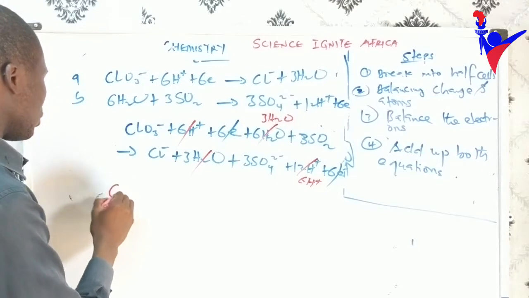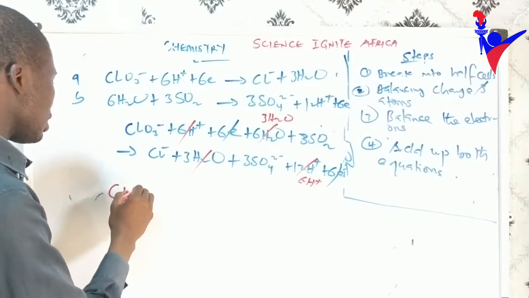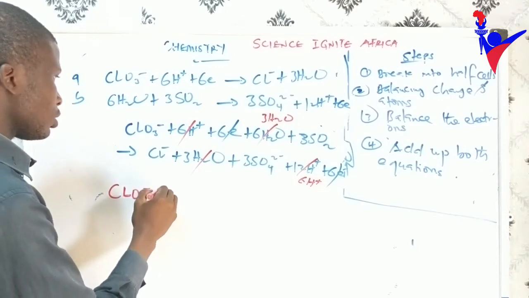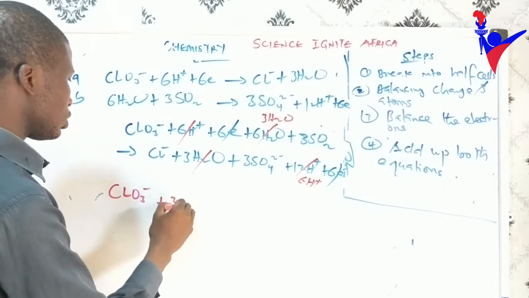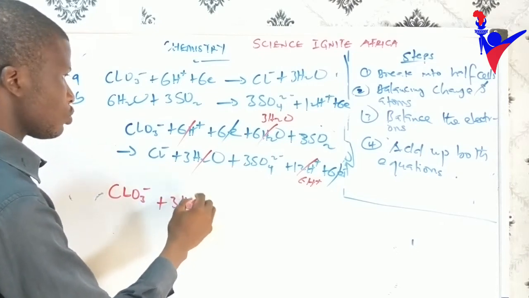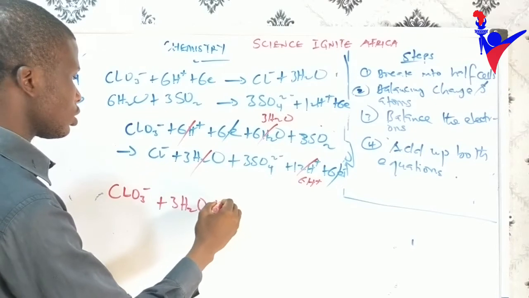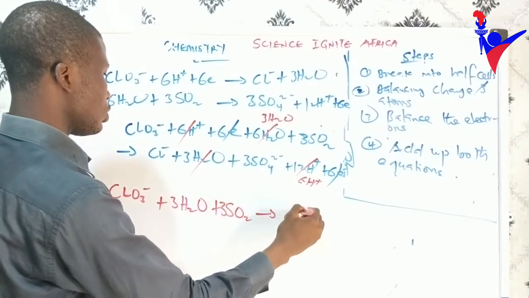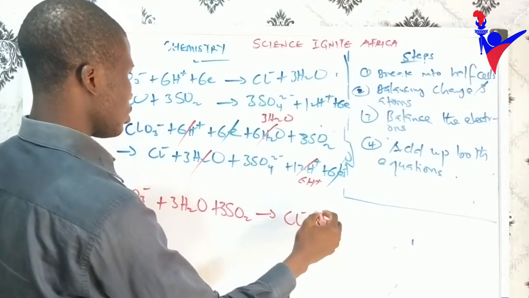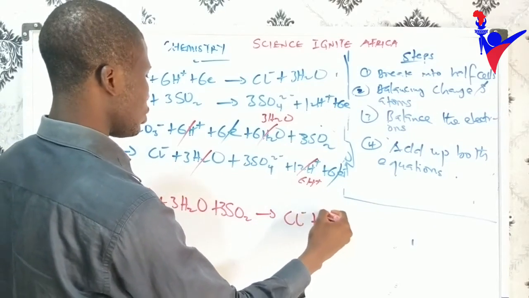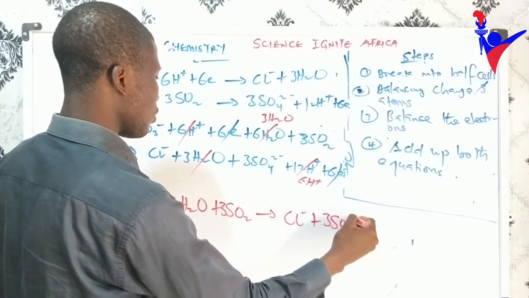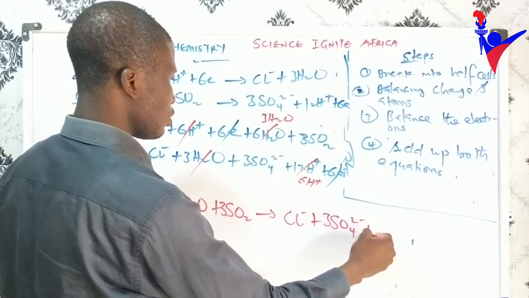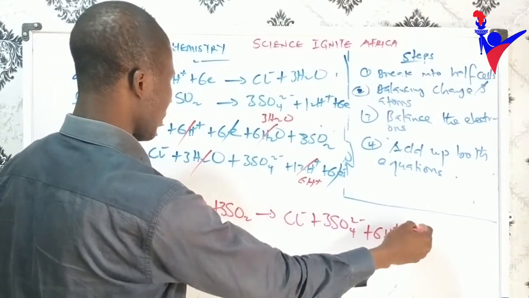So you are going to have ClO3 minus plus 3H2O plus 3SO2, giving us Cl minus plus 3SO4 2 minus plus 6 hydrogen ions.